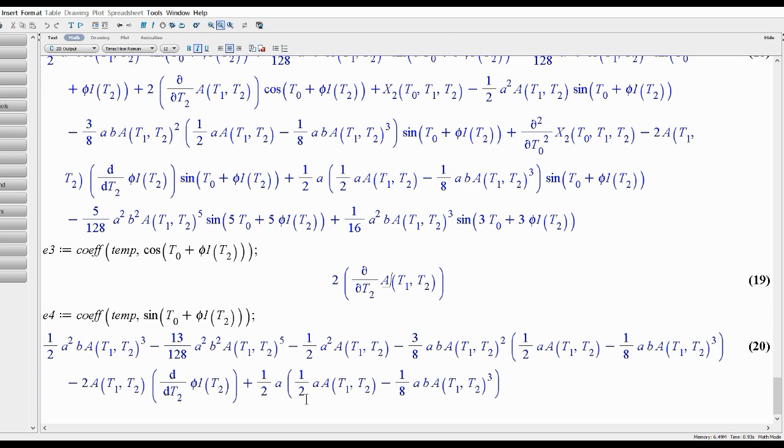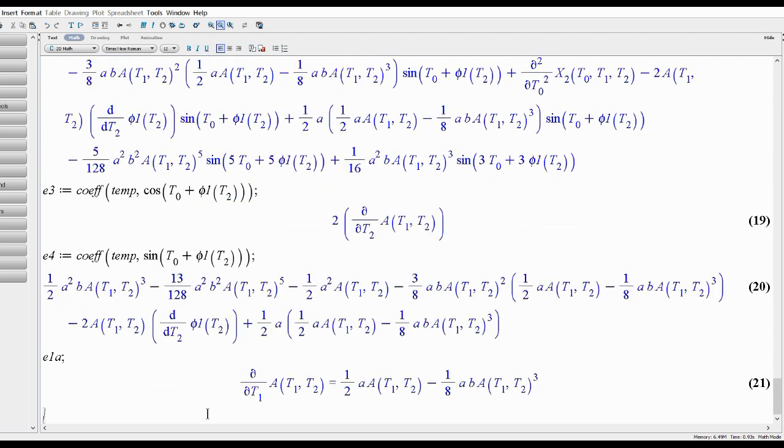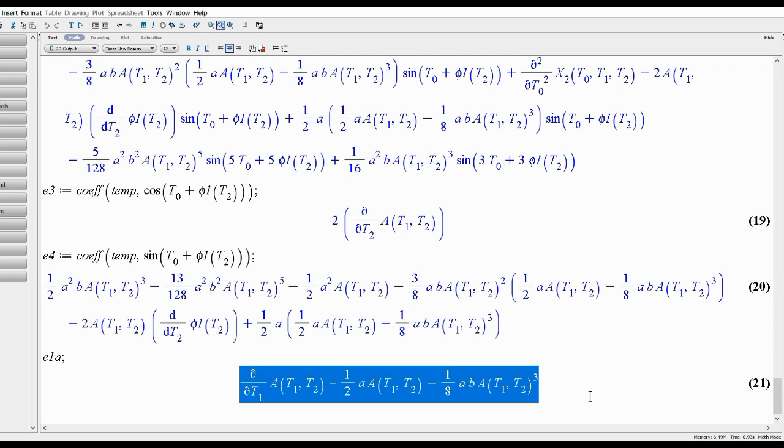So these are the two things that we get, and so our solution therefore is quite simply E1A. We will remember this A does not depend on T2, so this is the amplitude evolution equation.